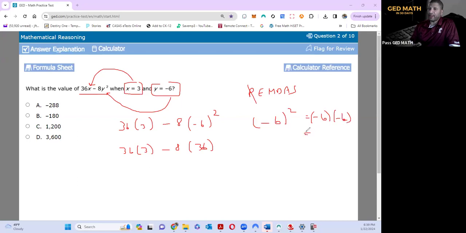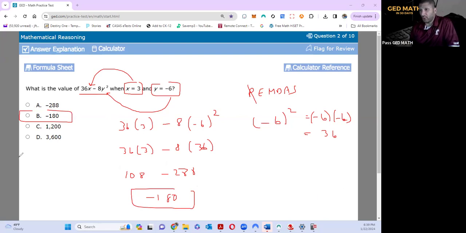You should know by now two negatives equal a positive, which is 36. So I'm going to get 90 and 18, which is 108, minus 240 and 48, which is 288. And then the answer is minus 180. So that's how you do it by hand.